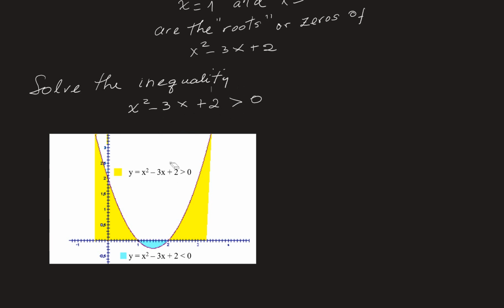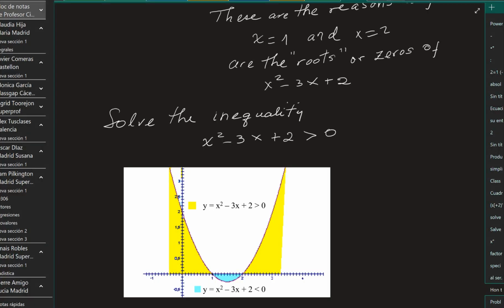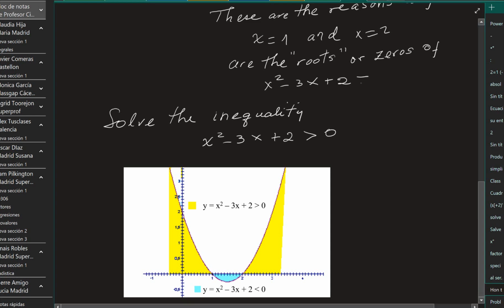Instead of finding the roots of x squared minus 3x plus 2 equals 0, which is an equality or equation, this is an inequality.